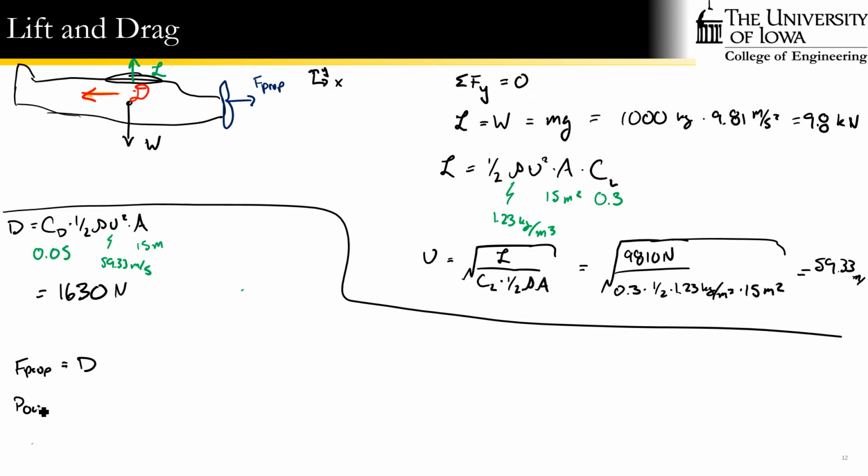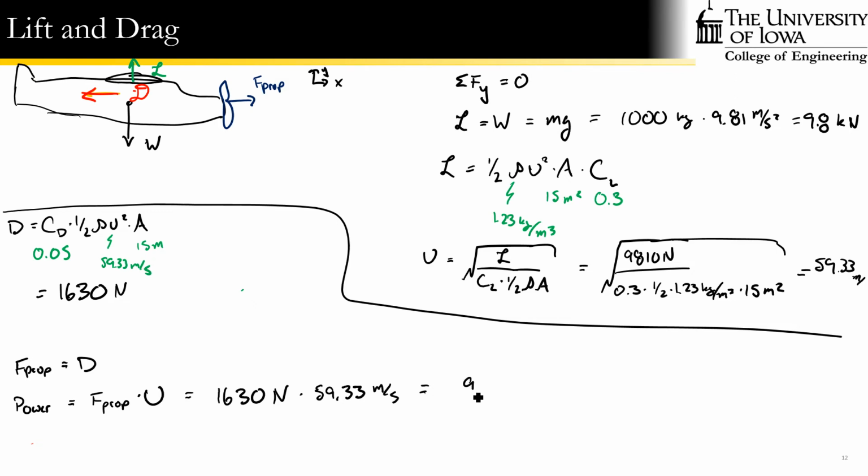The power is going to be F prop times the speed of the aircraft. So that's going to be our 1630 newtons times 59.33 meters per second, right? Newton meters per second. That'll give us watts.